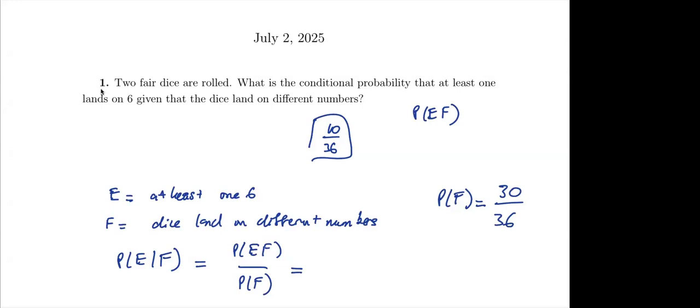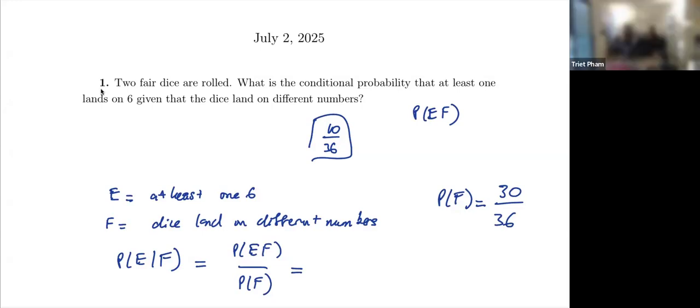Is it 11 over 36? Okay, is that true? One of them is a 6, so 1,6 and 6,1, that kind of thing. 12, but subtract 1 because they don't land on different numbers, so that's correct. So the final answer will be 11 over 30.